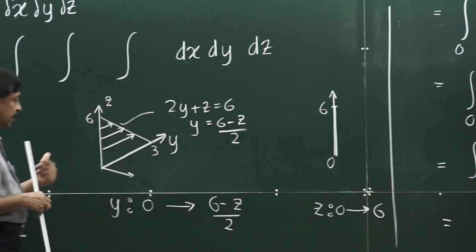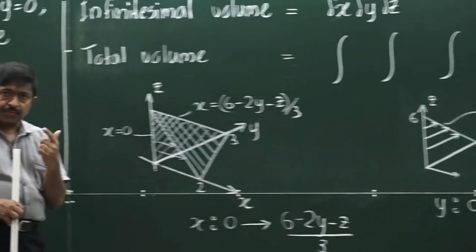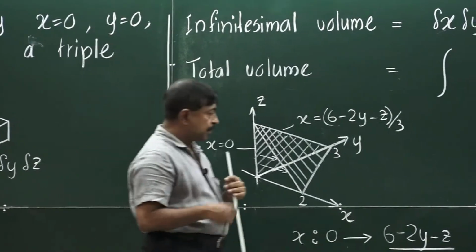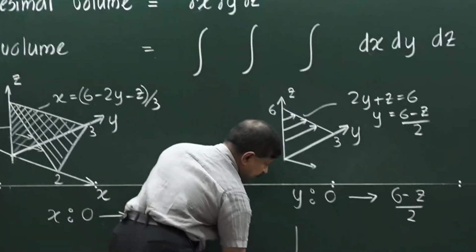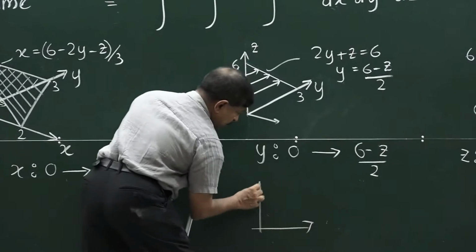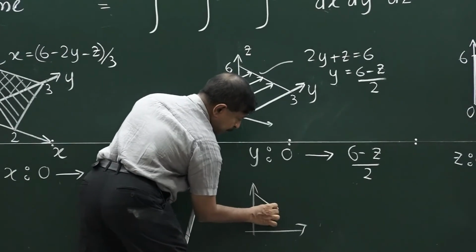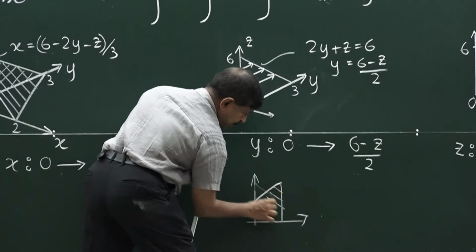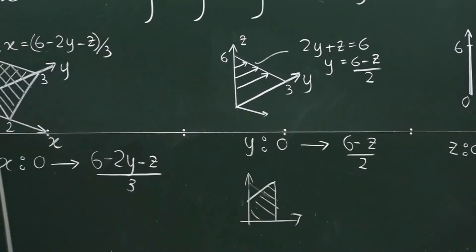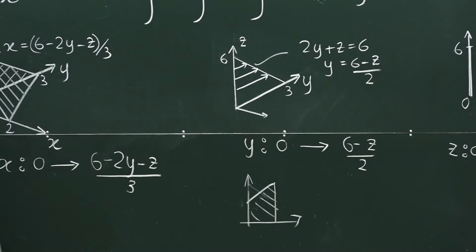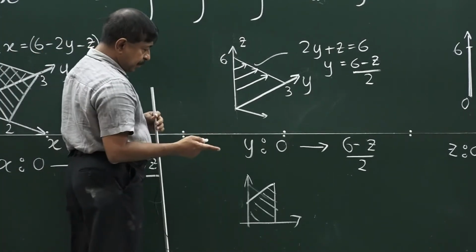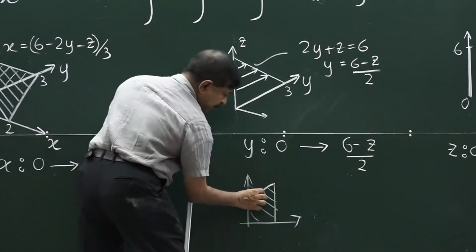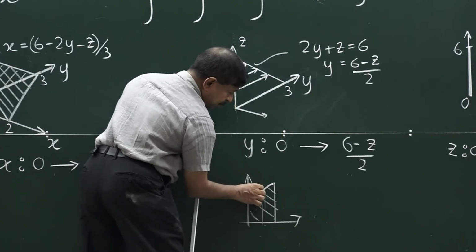That is the reason even in the case of a double integral you have the same thing. Let me recall what we did in the first video. We had some area like this. When we considered the limits of the second variable, first we considered y varies from 0 to this one.